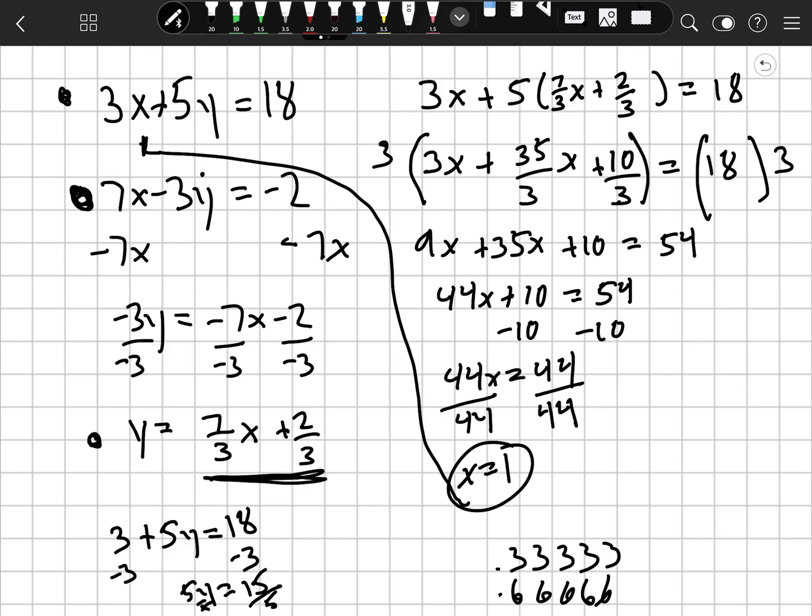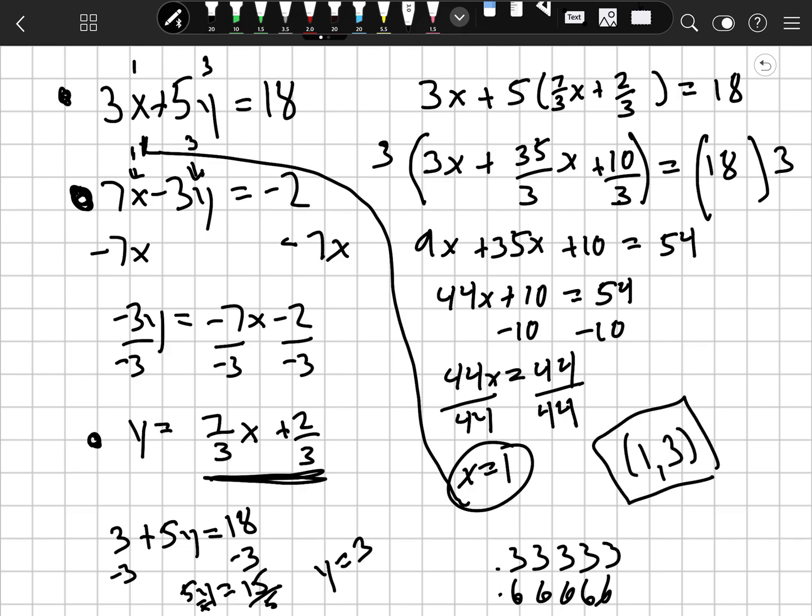And y should be, if x is 1, y should be 3. So 1 here, 3 there, that does equal 18. 1 here, 3 there, that does equal negative 2. So there you have it, 1, 3.